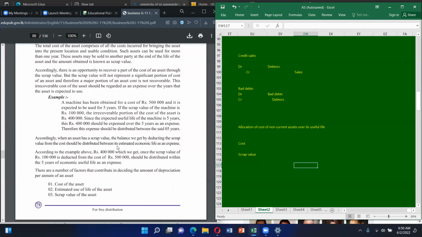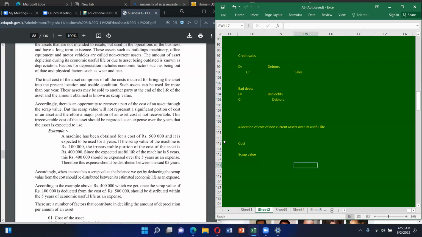There are a number of factors that contribute in deciding the amount of depreciation per annum for an asset. First, cost of the asset. Second, estimated useful life of the asset. Third, scrap value of the asset. So here, let's say you purchase a laptop for rupees 100,000.